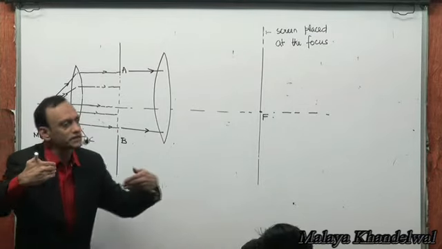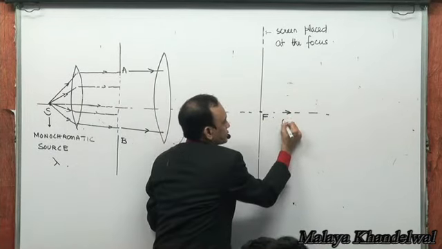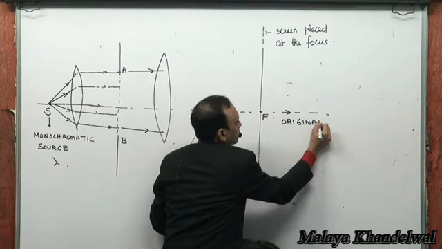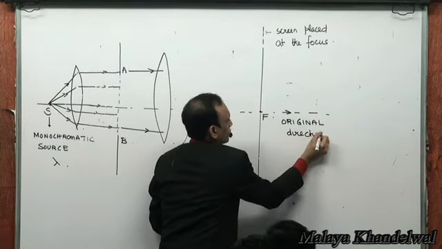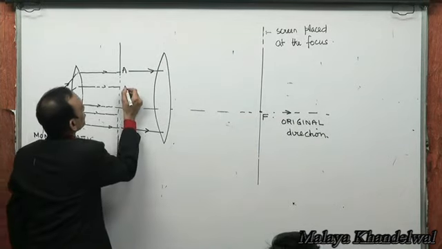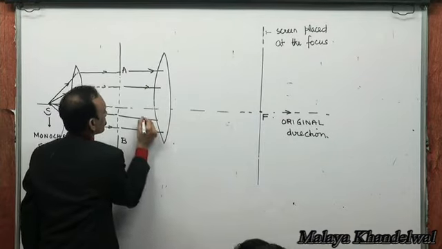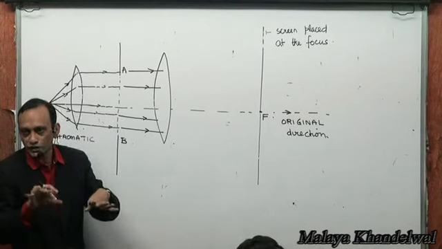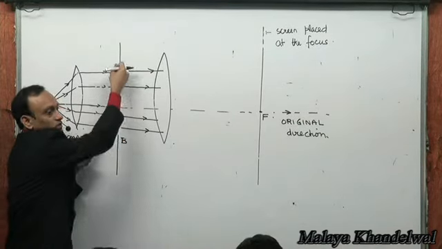Some part of the incident energy would also lie in the original direction. This is the original direction, right? So there would be a beam. Part of the energy would also lie in the original direction because of these secondary sources of energy.